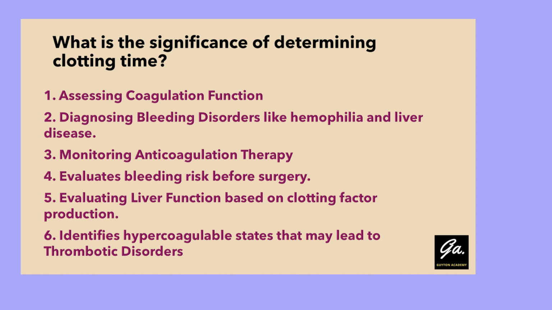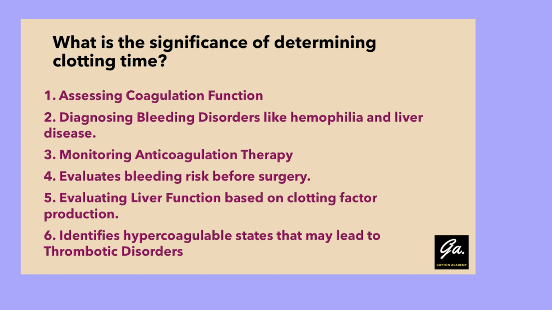We can perform clotting time for several reasons, like assessing the coagulation function, diagnosing bleeding disorders like hemophilia and liver diseases, monitoring anticoagulation therapy, evaluating bleeding risk before surgery, and evaluating liver function based on clotting factor production.